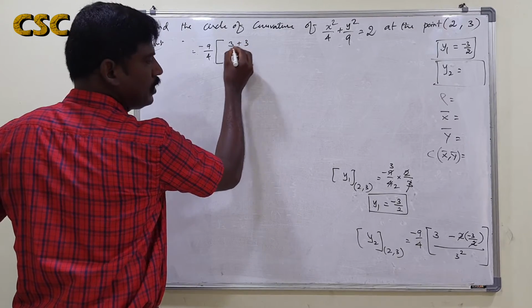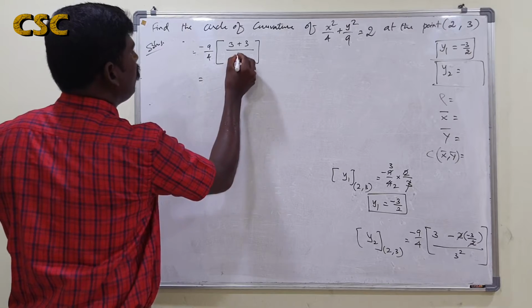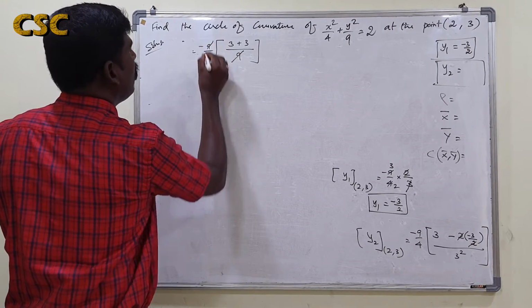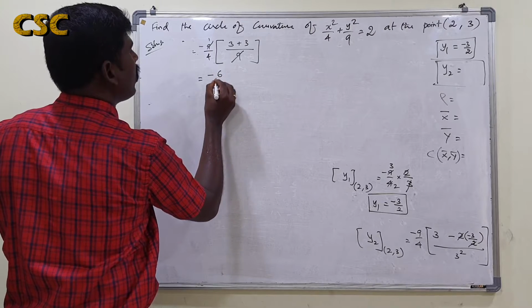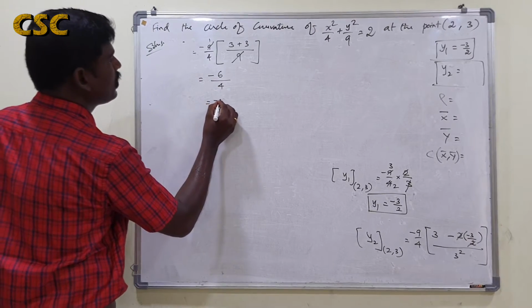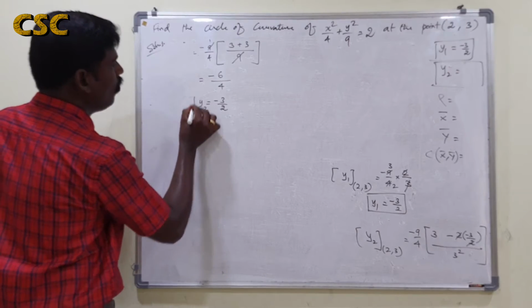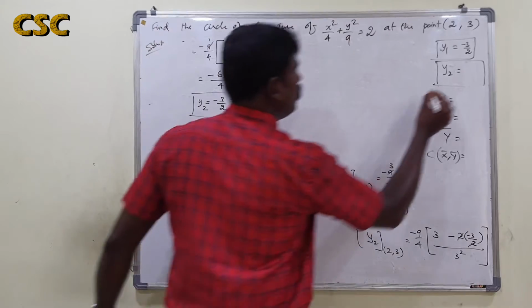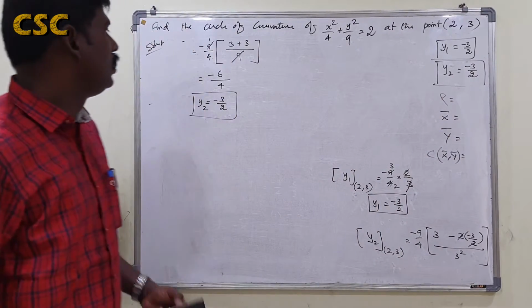So 3 plus 3, the whole divided by 3 square, which is 9. Cancelling the 9s, we get minus 6 inside the bracket by 4, which is minus 3 by 2. So y2 is minus 3 by 2.